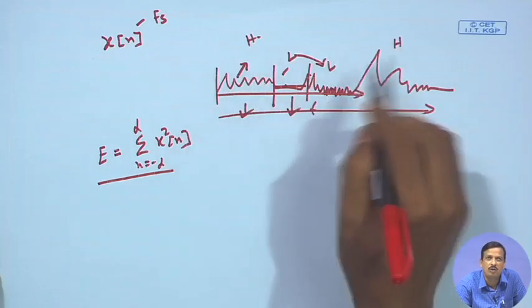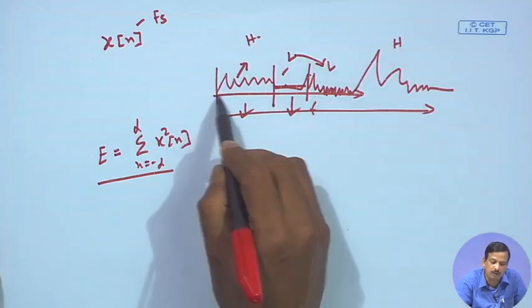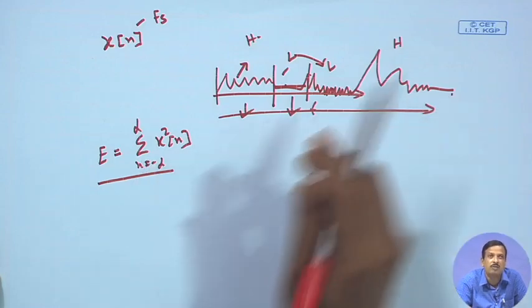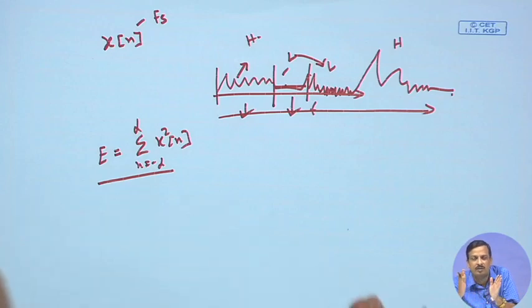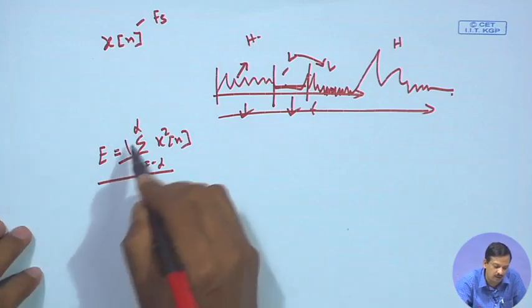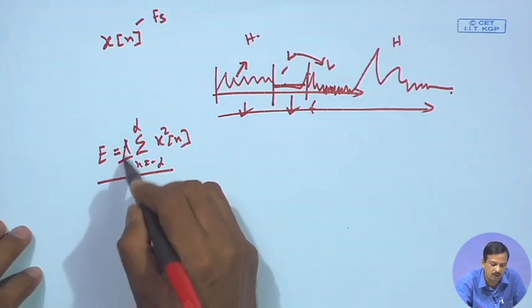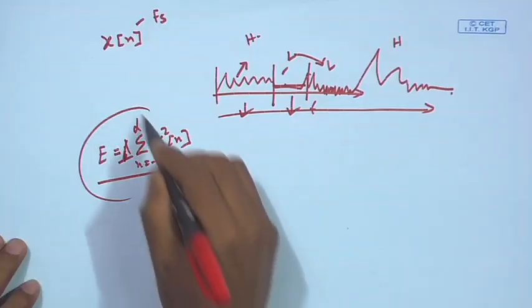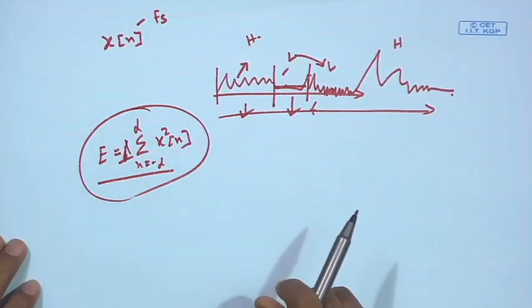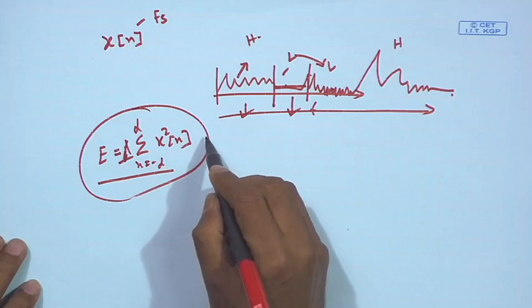If I take the whole signal at a time and find the energy, it gives me the average energy, or I can make the average also, 1 by N. So, I can get either the total energy or the average energy of the whole signal.